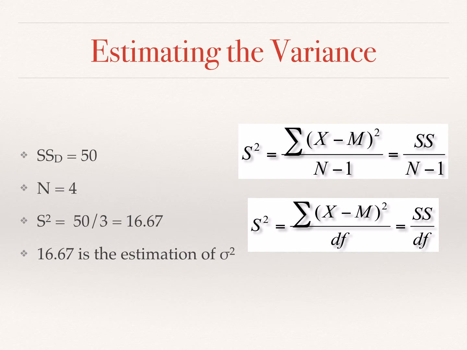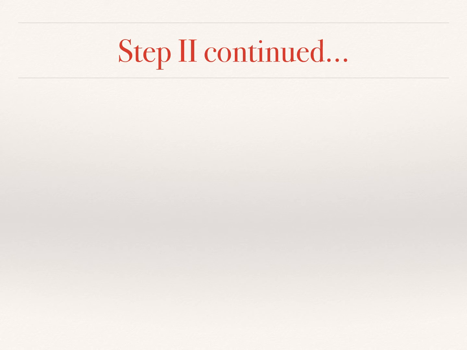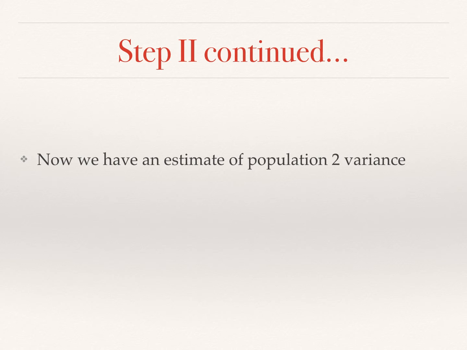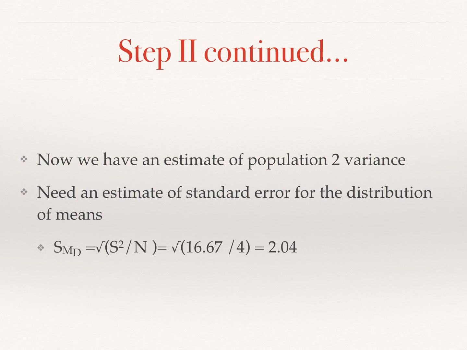It's again what we're going to use in our t-test. What we're going to do is take that value and make it into the estimated standard error for difference scores. So we'll take that value, divide it by the number, 16.67 divided by 4, we get 4.17. And we take the square root of that to get 2.04.